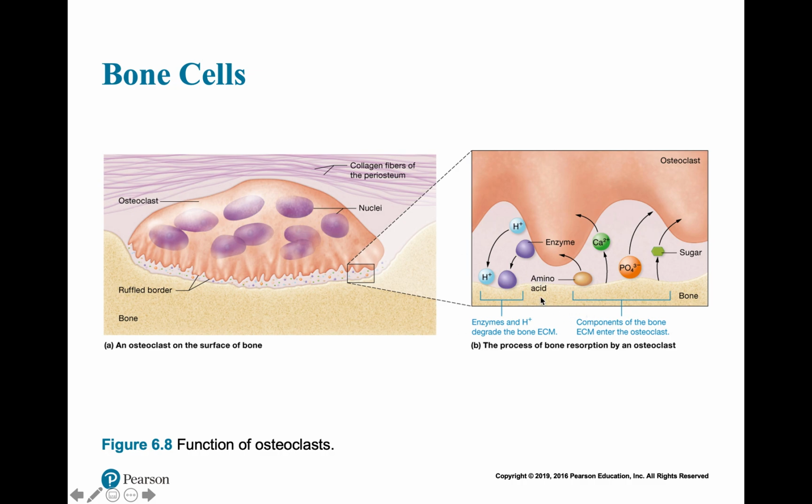Once the bone matrix starts to be resorbed or broken down, the calcium, the phosphates, the sugars, the proteins, the amino acids that make up the proteins, like collagen protein, right? All these components that get released from the broken down bone will actually be absorbed by the osteoclast first, and then eventually all get deposited into the blood. So again, this ruffled border increases the surface area. More surface area of this plasma membrane means more substances that can be secreted, more substances that can be absorbed.